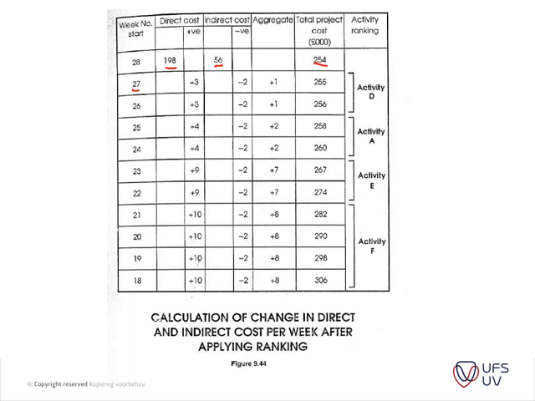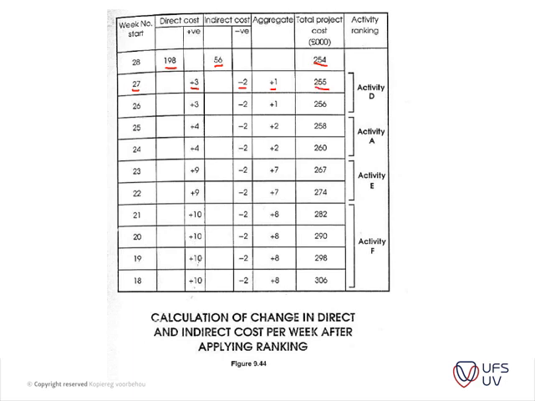Now let's say we reduce our project by 1 week, to 27. It will add 3,000 pounds of direct costs to our project, and it will remove 2,000 of indirect cost from our project. So an aggregate cost of 1,000 pounds is added. So to decrease our project by 1 week, it will add 1,000 pounds.